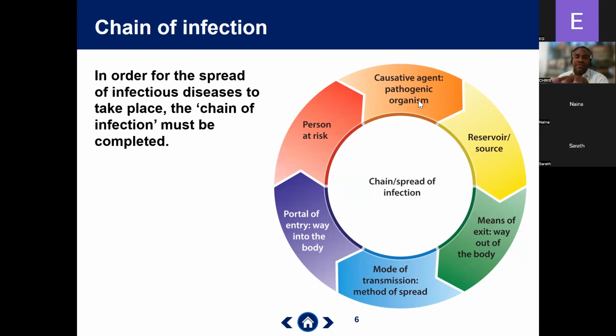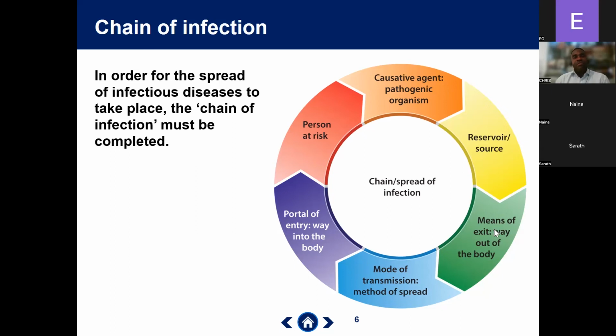It's here. Then it finds a reservoir. The reservoir is where it stays. That is the source. Then it moves from the reservoir to what we call a means of exit, the way out of the body, and moves from there and begins to look for a place to stay.